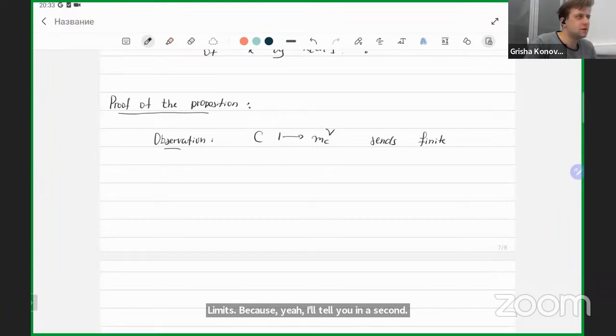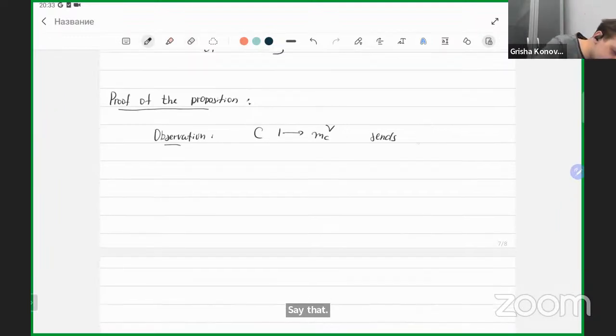Let me even maybe say that it sends pullbacks to push outs, to be more precise.